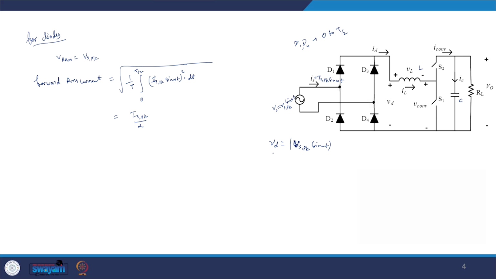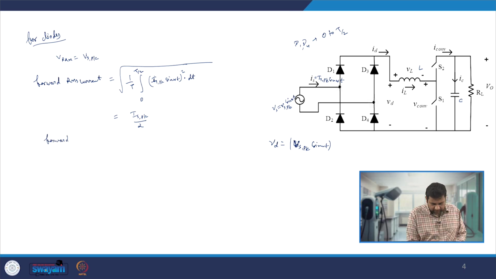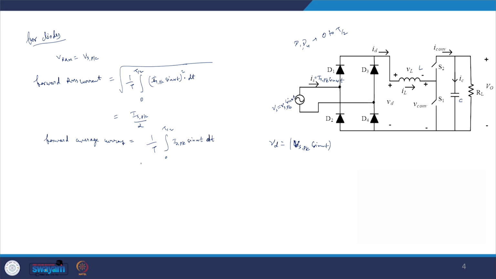That will be used to select the diode having the required I square T rating. Similarly, one can calculate the forward average current, which is again 1 by T, integrating from 0 to T by 2 of Is peak sin omega t dt, and if one solves it, they will get Is peak by pi.